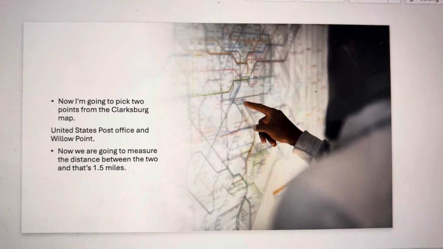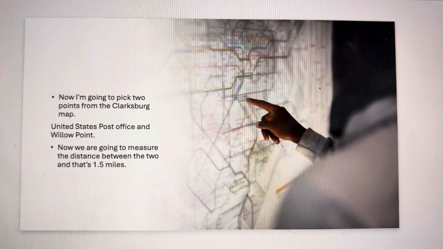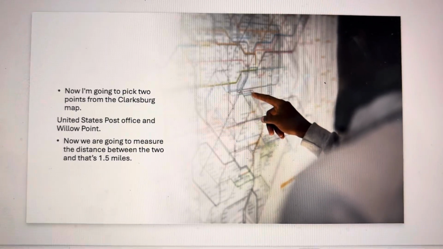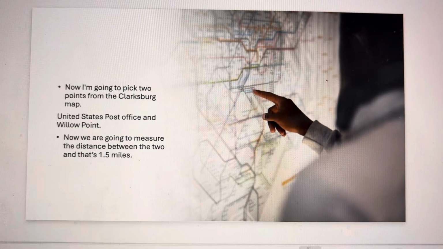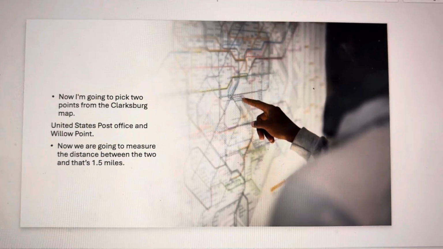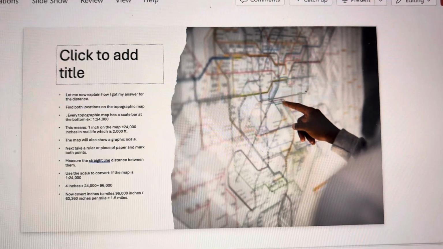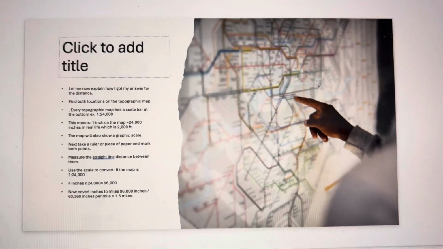Now we're gonna go ahead and pick 2 points from the Clarksburg map. I decided to choose the United States Post Office and the Willow Point. Now we're gonna measure the distance between the two, and that is 1.5 miles. Now again, you're gonna ask, well, how did you come up with this?